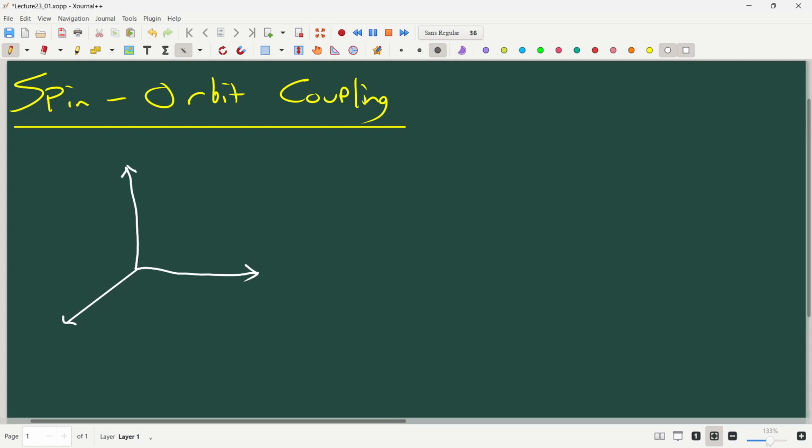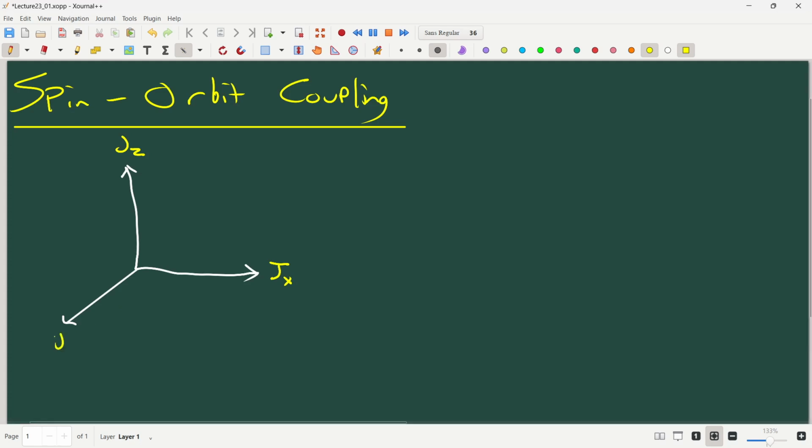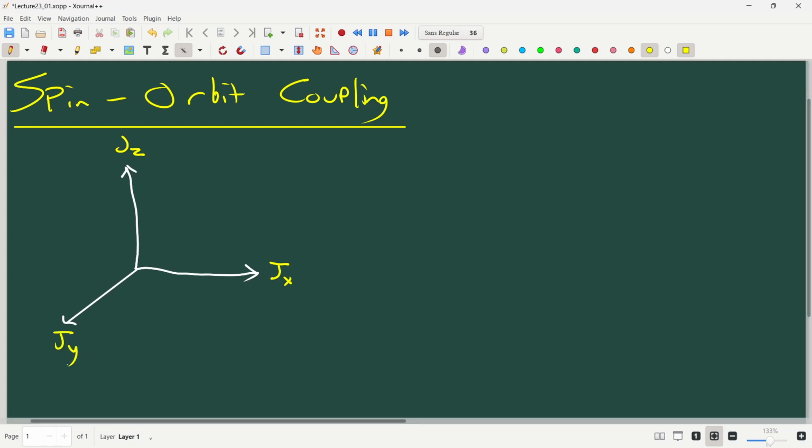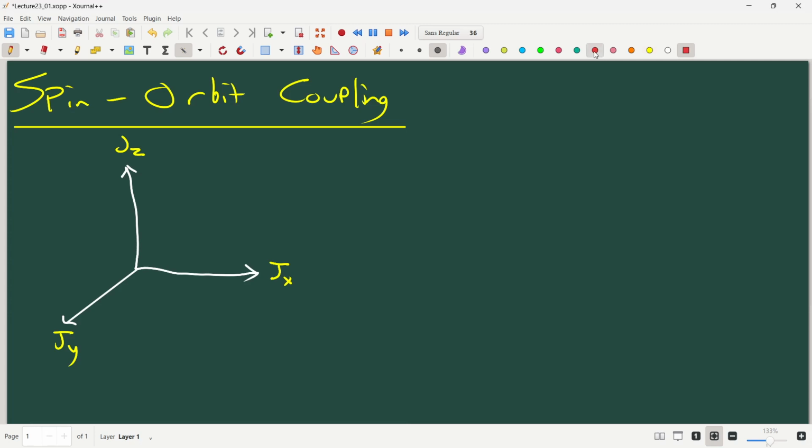It's not really a physical axis system, but rather an axis system for angular momentum. I'm going to label the projections of the total angular momentum of the system along the 3 axes. Remember, J is the total angular momentum. Our coupling is that J is equal to the orbital angular momentum L plus the spin of the electron S.